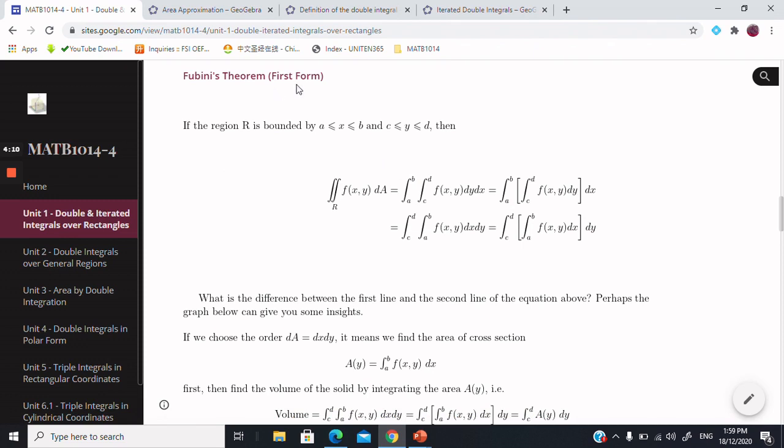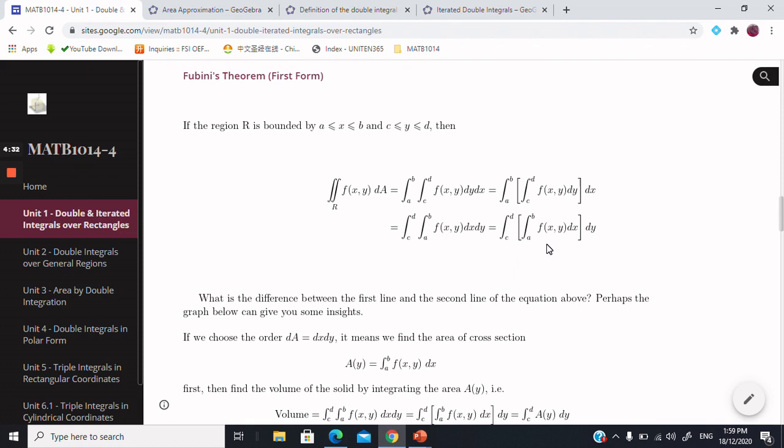According to Fubini's theorem in the first form, the double integral of different order gives the same result. This is only true when the region is a rectangle. What is the difference between the first line and the second line here?